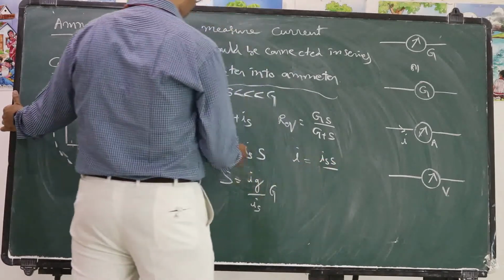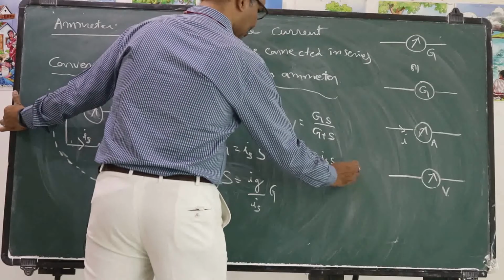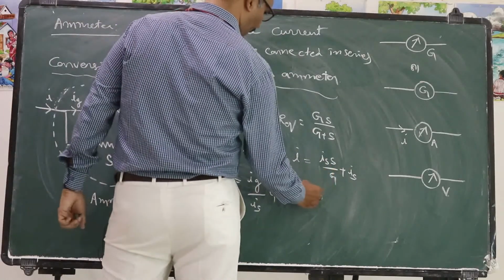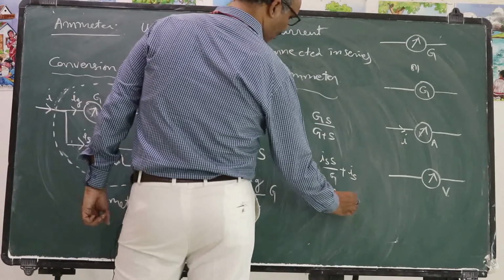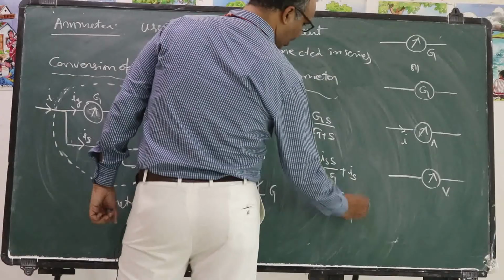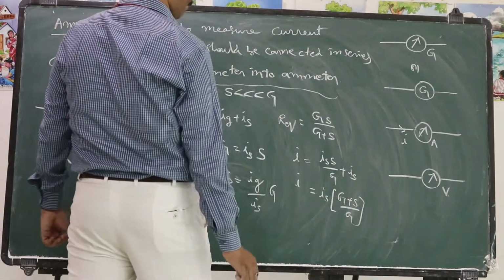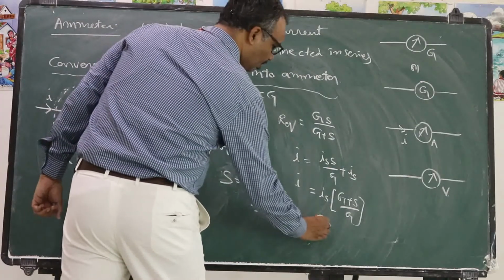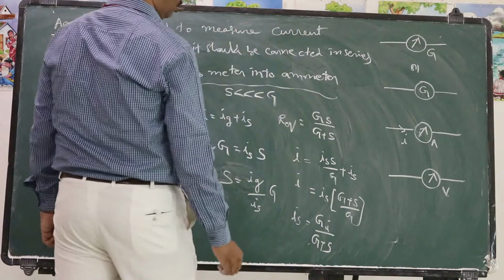Is by G plus S... Then Is gets common, G plus S by G. I took G as LCM here, is equal to I. So current passing through the shunt, if you want, Is equals I G by G plus S. This formula you can use.